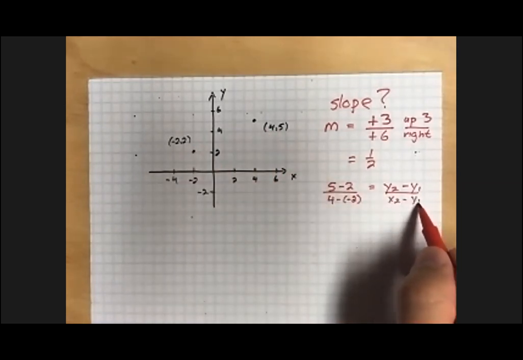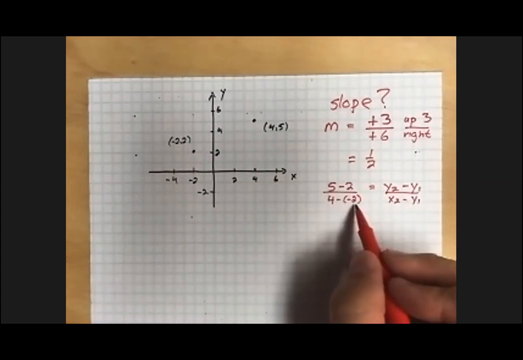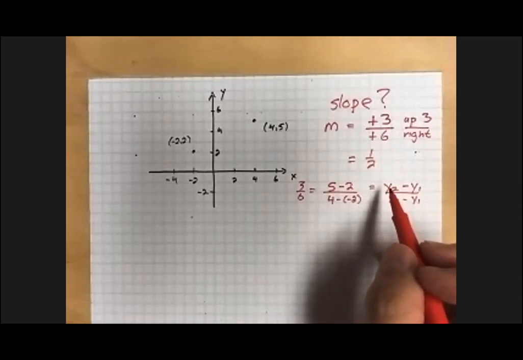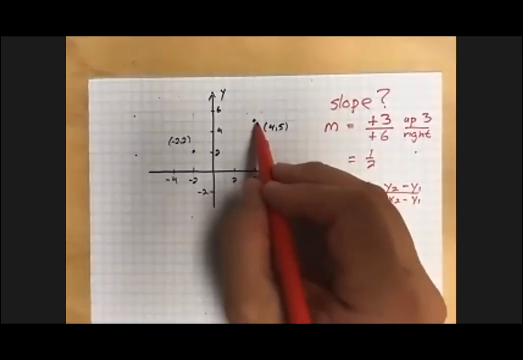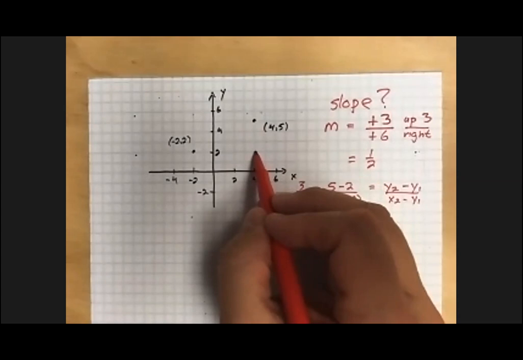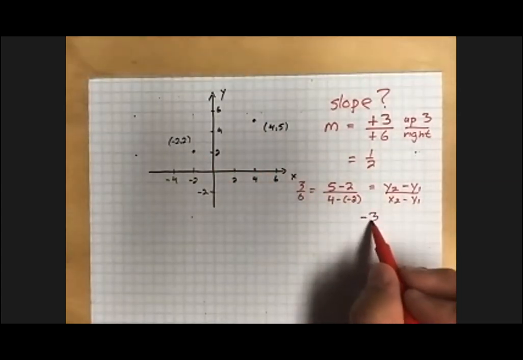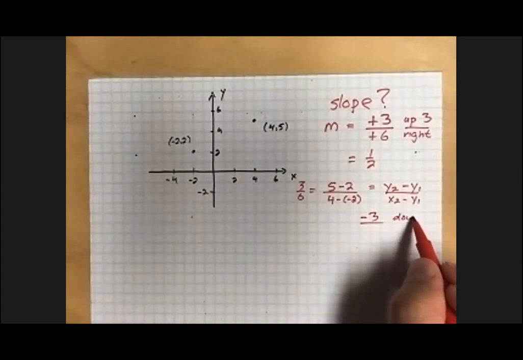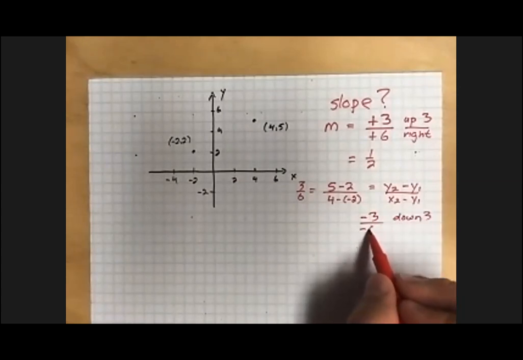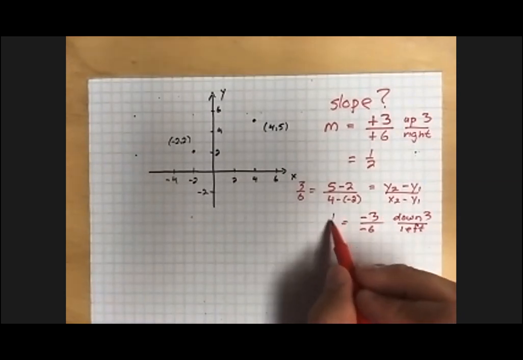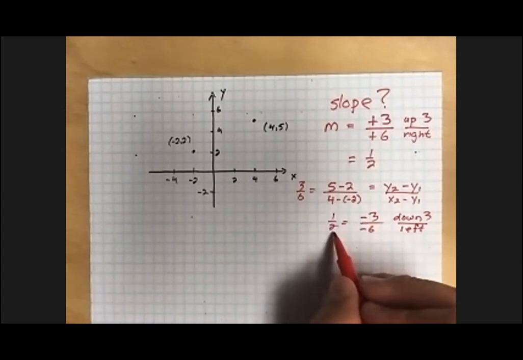In order, that still gives you 3 over 6, which is still 1/2. You also understand I could have said I go down 3 and left 6, because to go down 3 and left 6 is also a ratio of 1/2, because negative divided by negative is positive.